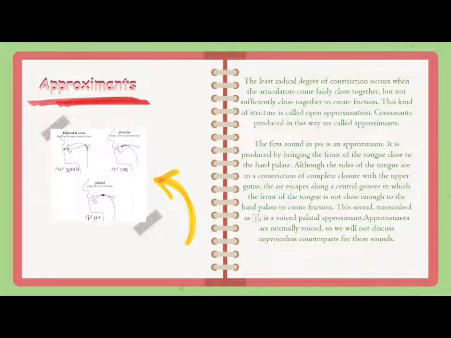The first sound in "yes" is an approximant. It is produced by bringing the front of the tongue close to the hard palate. Although the sides of the tongue are in a constriction of complete closure with the upper gums, the air escapes along a central groove in which the front of the tongue is not close enough to the hard palate to create friction.